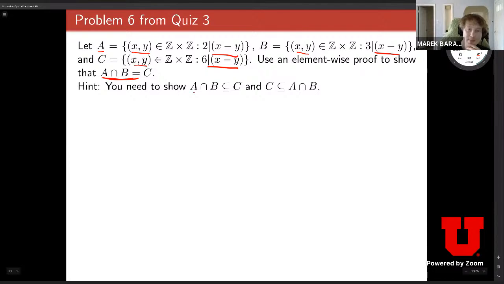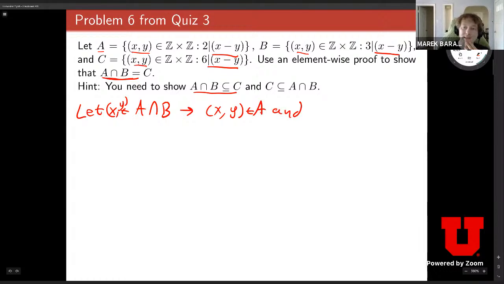So we'll begin by showing A intersect B is contained in C. Let the pair XY be in A intersect B. Then XY is in A, and XY is in B, just by the definition of intersection.